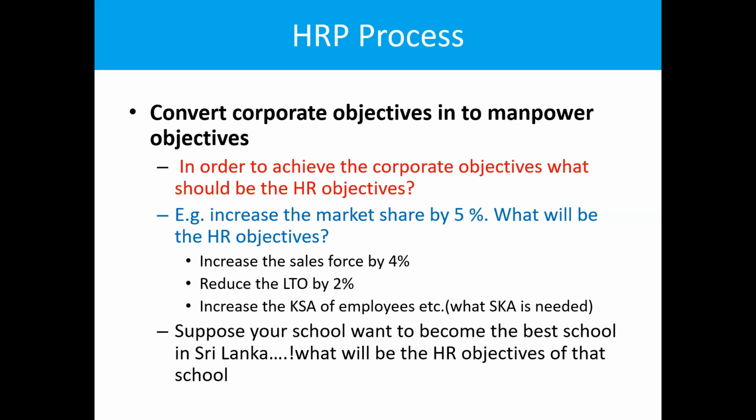Let's say each and every employee is given a target of a 1% increase in performance each year. So then obviously, over 5 years, each employee achieves a 5% performance increase.